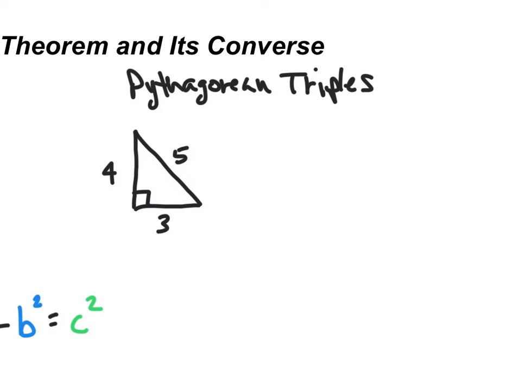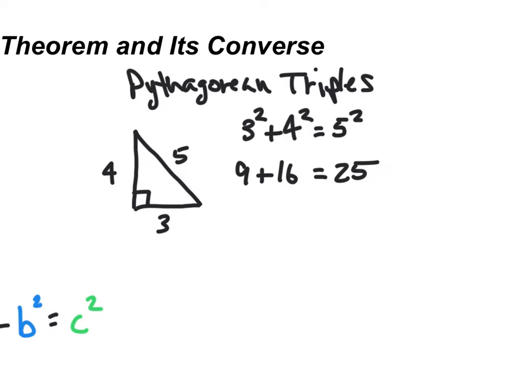Okay? And we can verify this real quick. We can say that 3 squared plus 4 squared is equal to 5 squared. And so if I take 9 plus 16, we want to know, is that equal to 25? And 9 plus 16 is 25, so that equals that. And so this is probably the most basic, simplest right triangle that we consider a Pythagorean triple.